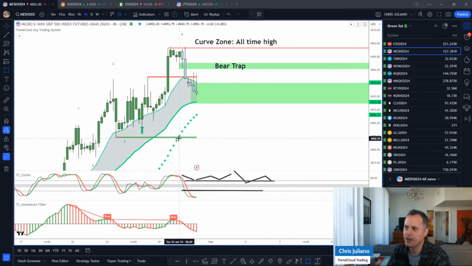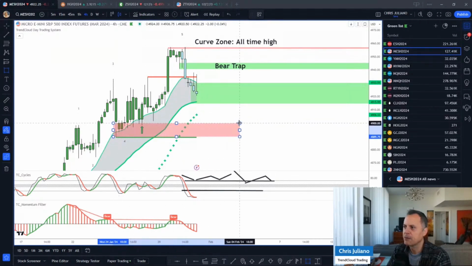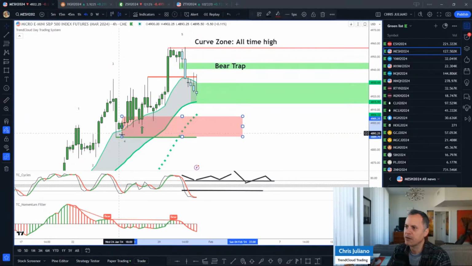TrendCloud already put the line for us. Hey, here's the market edge. Look at me. Okay. So we know the situation. If you drew a box that encompassed these bottom basing candles here, this drop, base, base, base. These are all basing candles, actually, because here's the top, right?